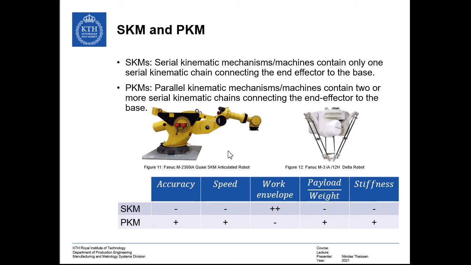The most important aspect that we need to point out is that it seems that parallel kinematic mechanisms are advantageous in most of these performance metrics that I have outlined here. But nevertheless, most of the industrial manipulators that you will be able to find are actual serial kinematic mechanisms, such as the articulated manipulators that we have seen before. And that is due to the fact that these are dominantly found in applications that require either precision in big workspaces and are subjected to small external loads.